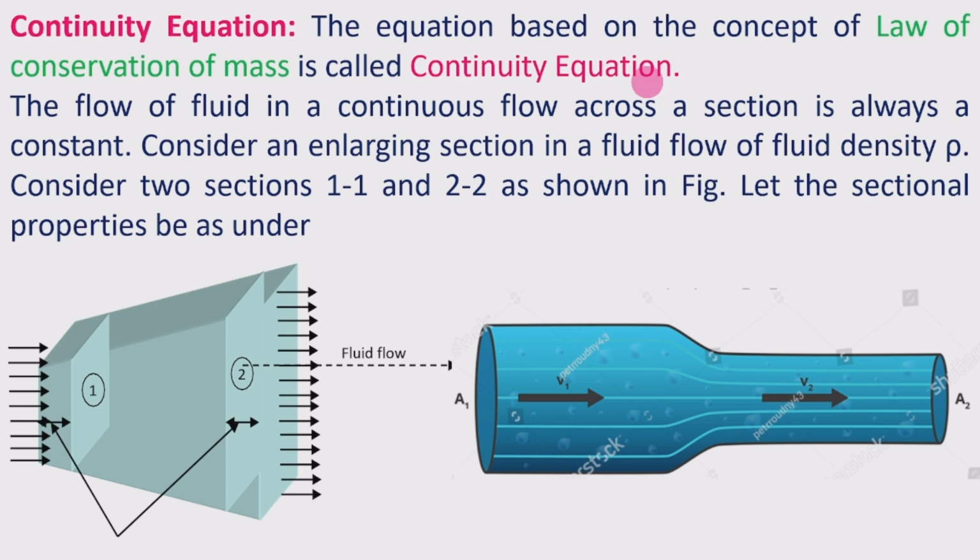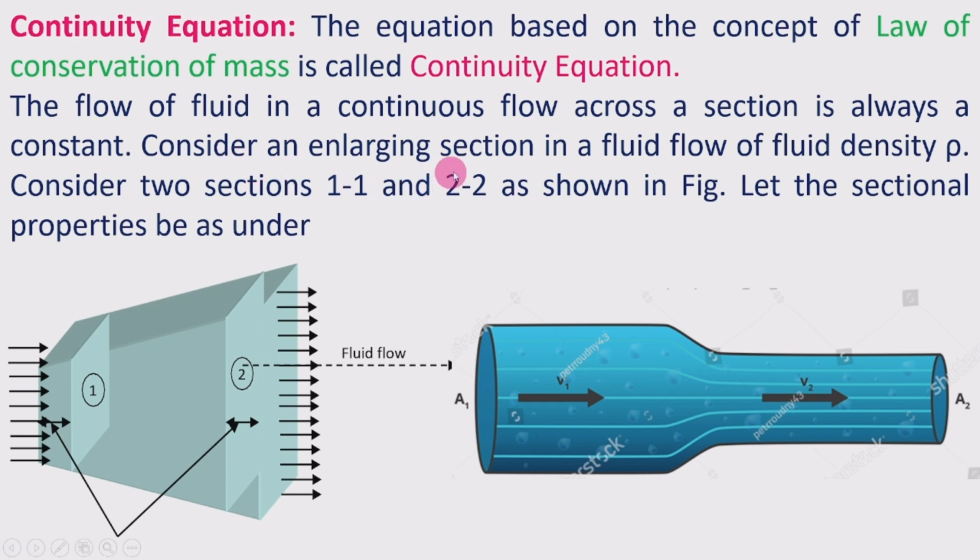That is the law of conservation of mass. It can be explained as: across a section, the flow of the fluid in a continuous flow is always constant.